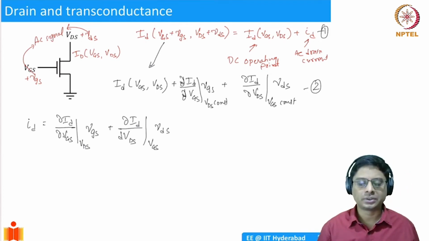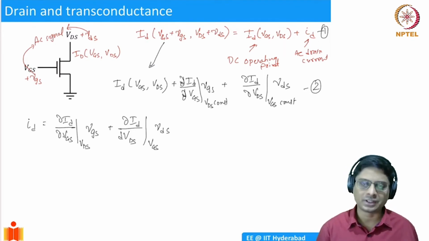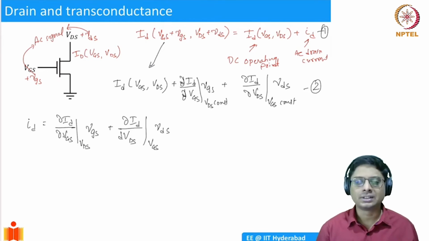This is a very interesting thing, because whenever you have an AC voltage applied to either gate or drain, the impact on the drain current can be calculated by knowing two parameters, which are essentially derivatives of the IV characteristics.